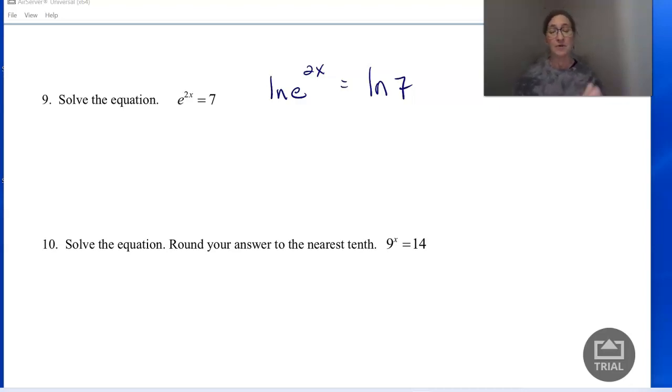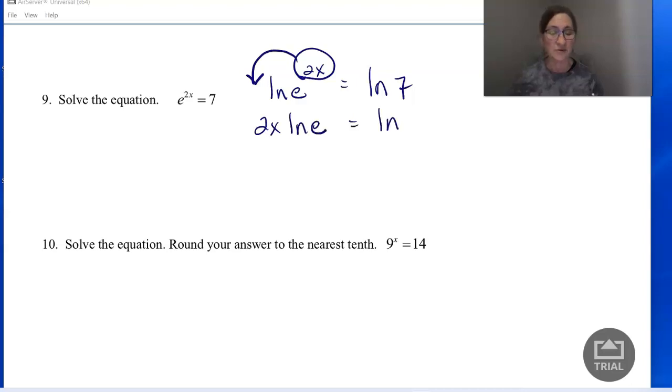And now I'm going to use the power rule, bring that 2x out front. So that's going to be 2x natural log e equals natural log 7. Well, natural log e is 1. Why is that?